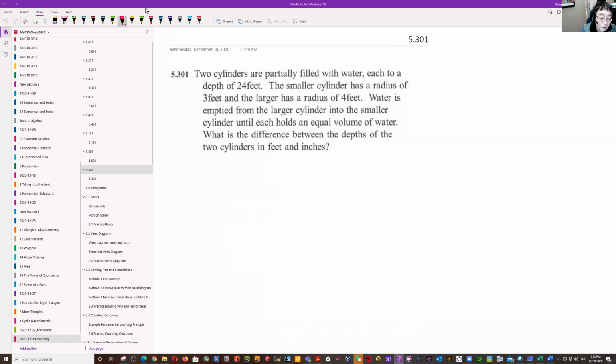And so let's see, this one is that there are two cylinders partially filled with water, each to the depth of... So you can draw one slimmer, the other more thick.